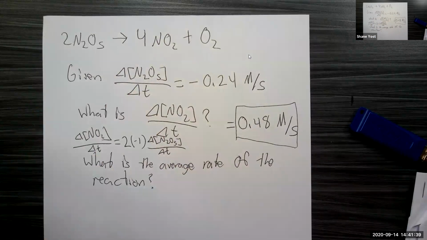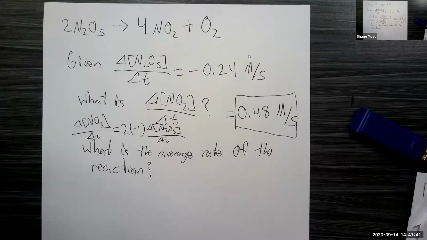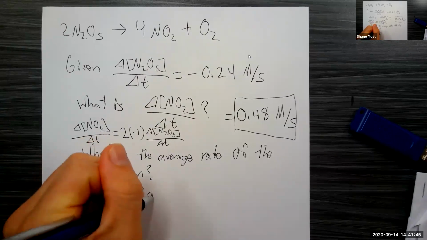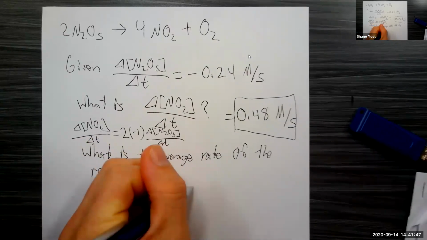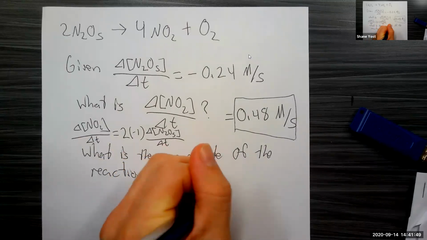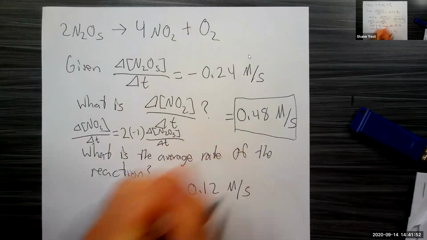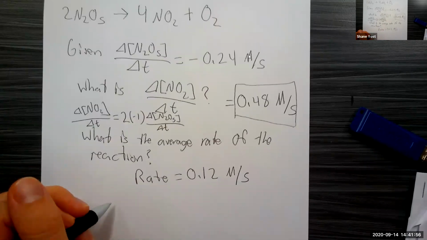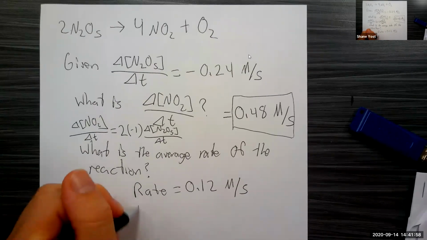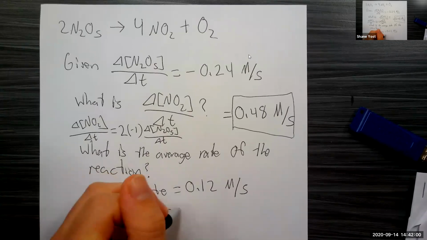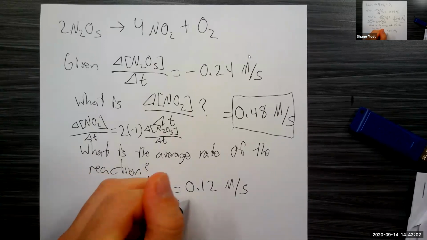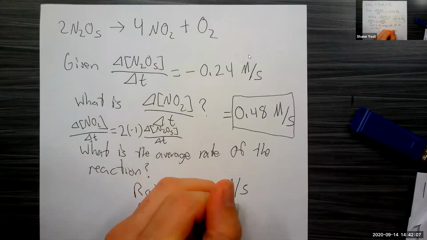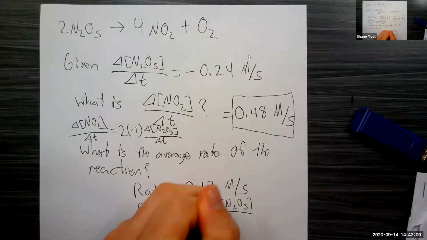Now, what about the average rate of the reaction? What is that going to equal? 0.12 molars per second. And we get that by saying the rate equals -1/2 times the change in concentration of N2O5 over change in time.